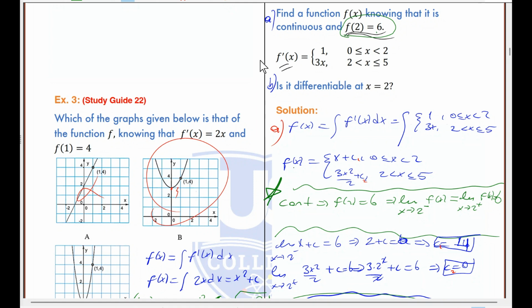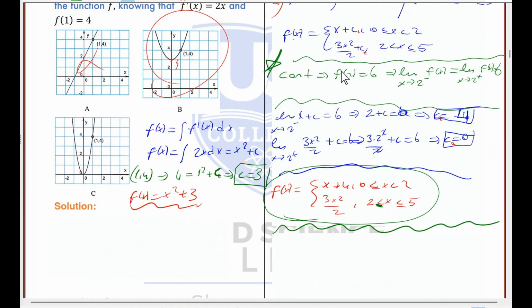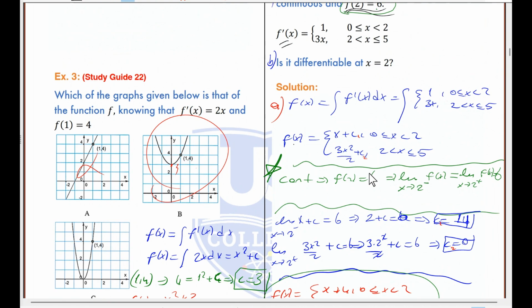So let's check this f prime out. F prime of x was 1, and what was the other one? 3x.